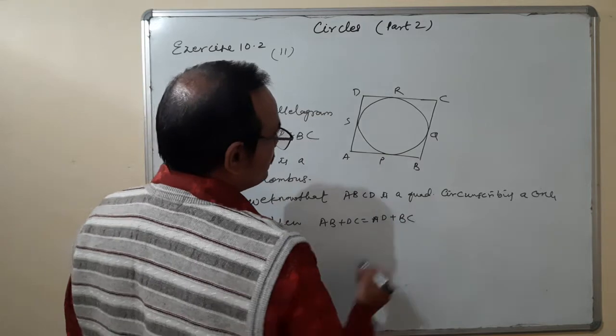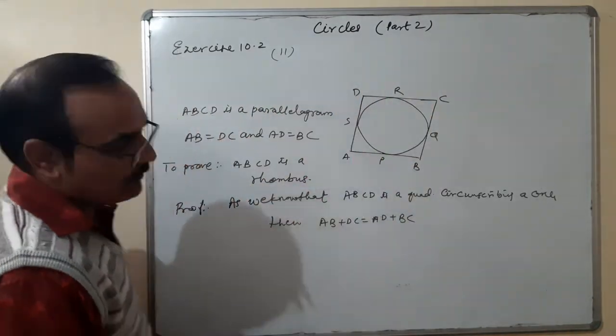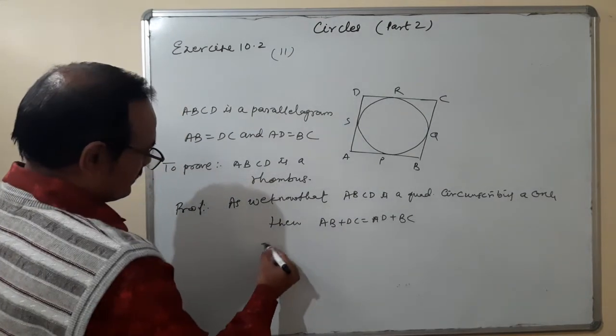This we have already proved. AB plus DC is equal to AD plus BC.